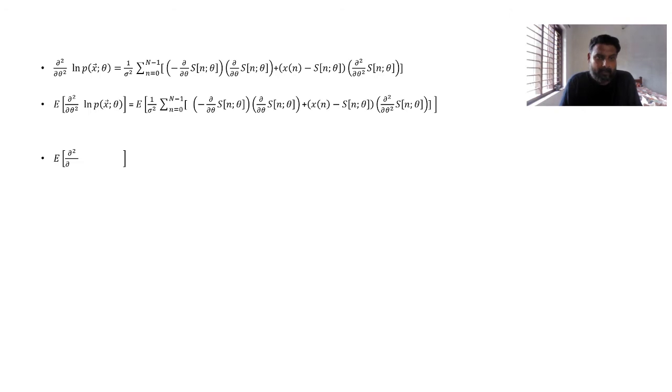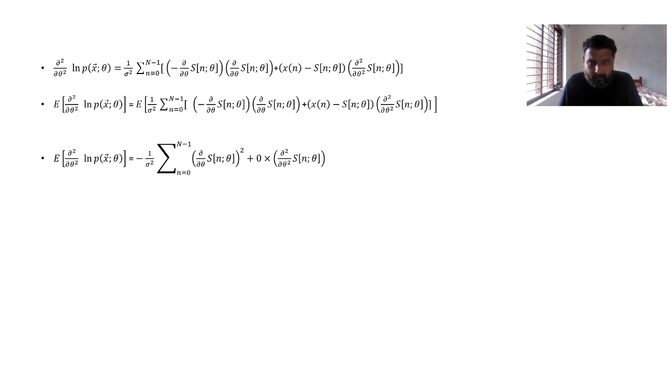Okay, the same procedure I am adopting here. ∂²/∂θ² of ln of p of x of theta will be equal to minus 1 by sigma square, sigma n equal to 0 to n minus 1, ∂/∂θ of s of n of theta the whole square, plus 0 into, how does it come 0? Because the expectation of x of n minus s of n of theta is nothing but the expectation of w of n.